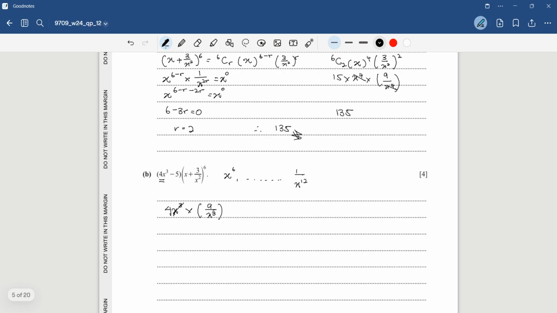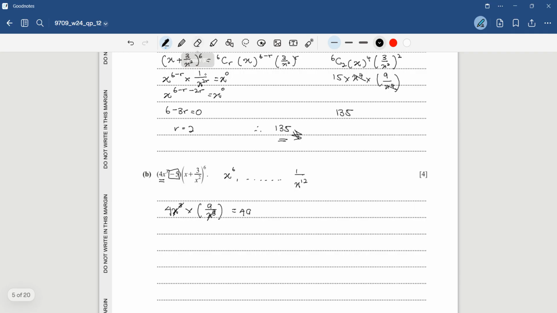So this and this will cancel, so it's 4a. So I will get an independent term in this term. And then for the second independent term, it will be negative 5 multiplied with the previous one, 135. That one we can do later. So we find the a first.